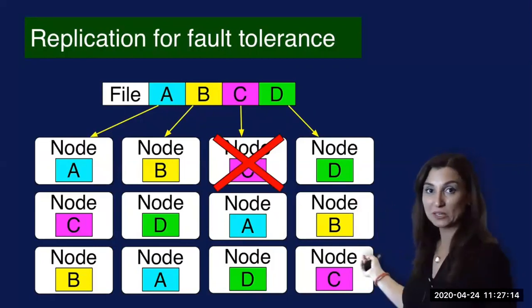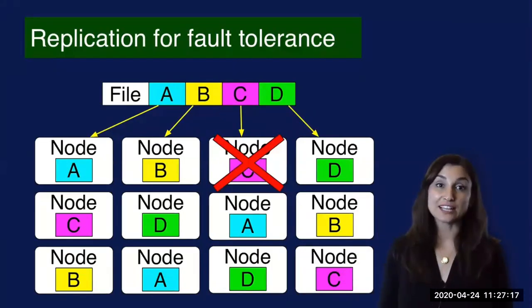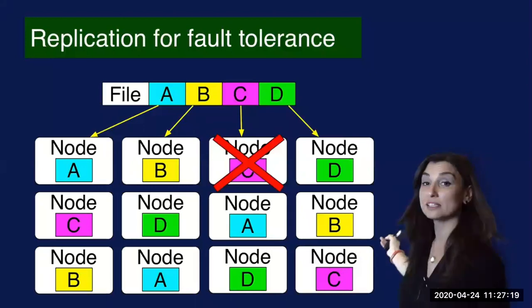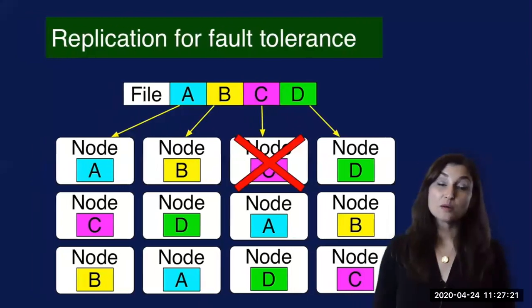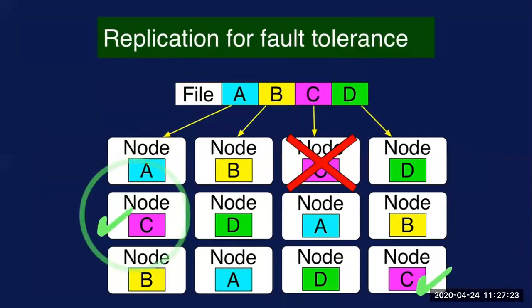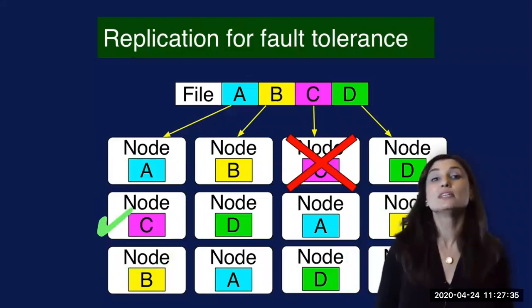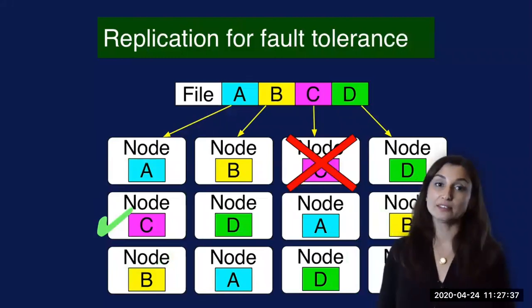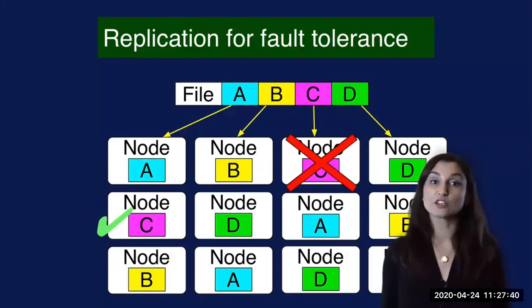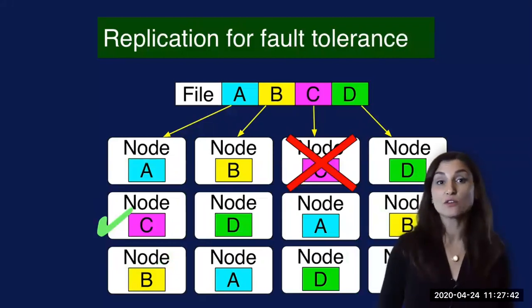In this example, the node that crashed stored block C, but block C was replicated on 2 other nodes in the cluster. By default, HDFS maintains 3 copies of every block. This is the default replication factor, but you can change it globally for every file or on a per file basis.